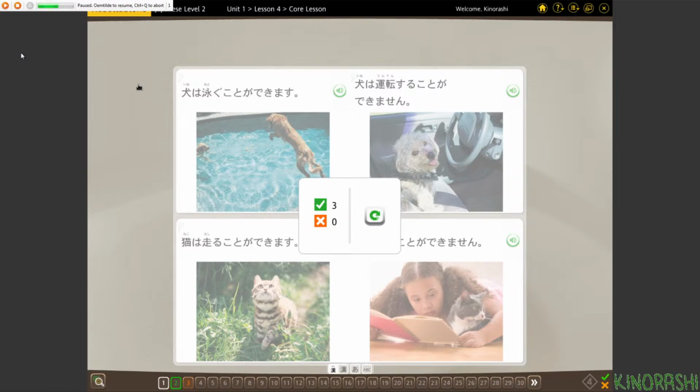Now what's this koto for? Oh, here's a lesson on koto ga dekimasu. Let's see if this will help.